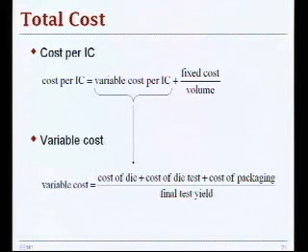So the total cost of an integrated circuit is the sum of these two components. You have variable cost, and you also have this fixed cost that you divide by the volume. And this variable cost, as we said, is dependent on the cost of a die, cost of packaging, and testing of the die. And it's also inversely proportional to the final yield, because not all the dies that are fabricated are fully functional.